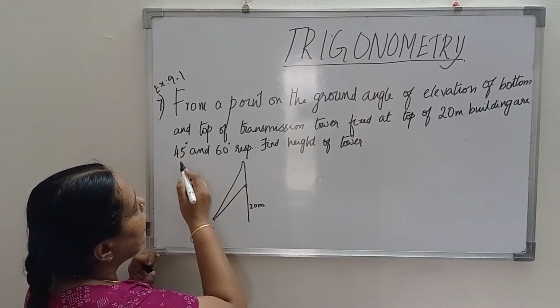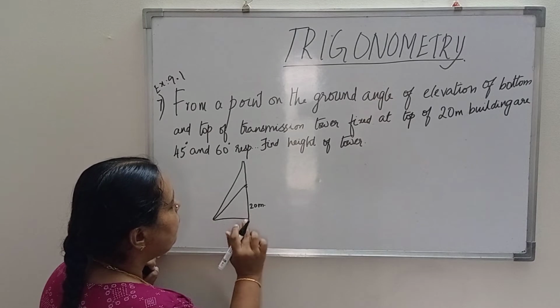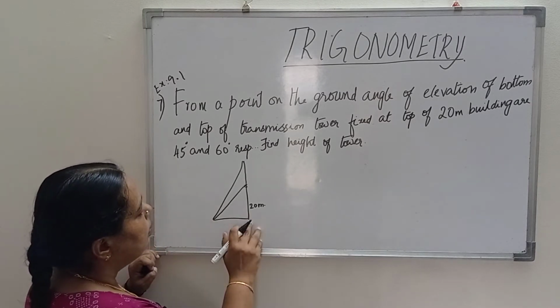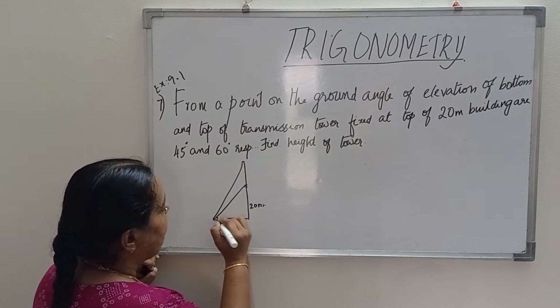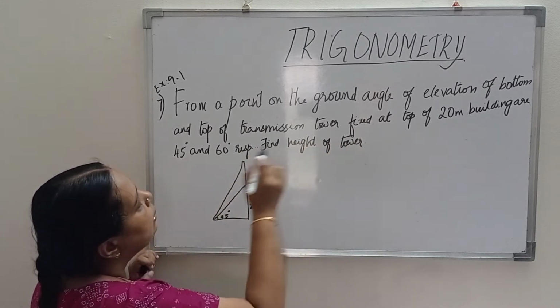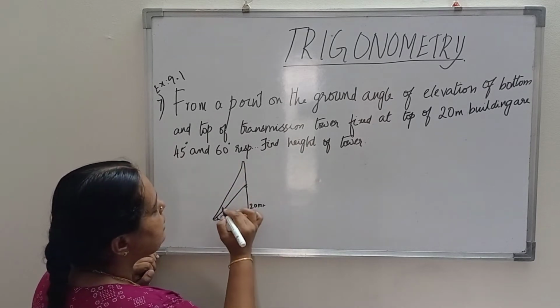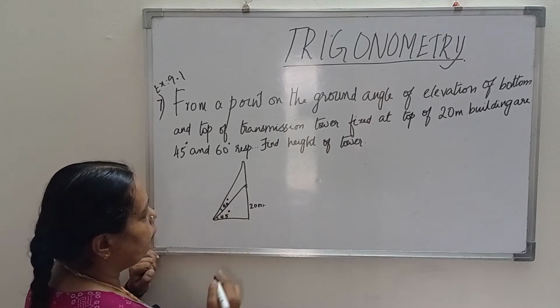What is the angle of elevation? That is 45 degrees and 60 degrees respectively. The angle of elevation to the bottom is 45 degrees and the angle of elevation to the top of the transmission tower is 60 degrees. So this is 60 degrees and this is 45 degrees.